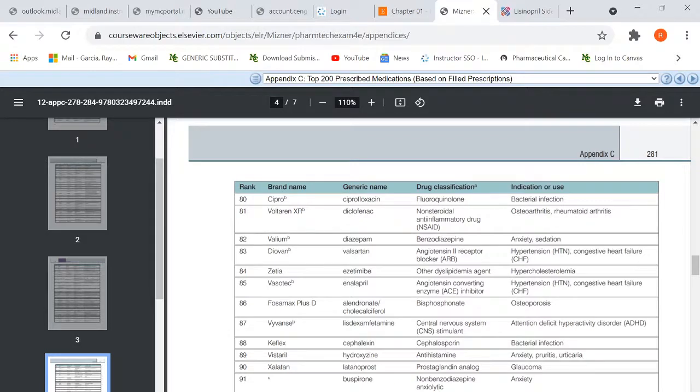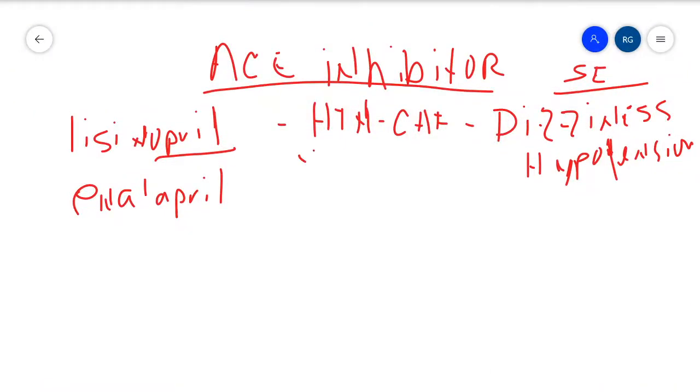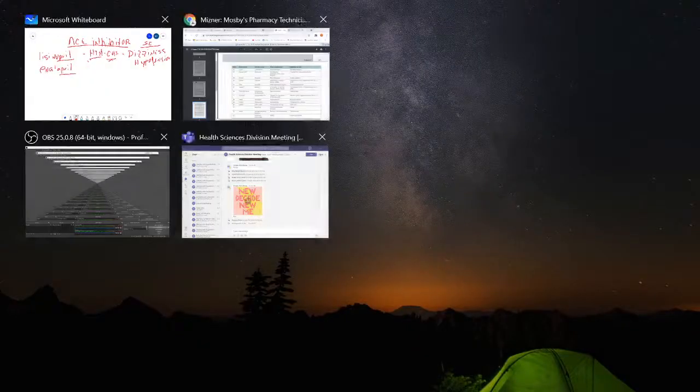Let's see, number 85. And again, we got hypertension, congestive heart failure. So if you look at it, it's got the same ending. It's got the same indications. Let's see if it's got the same side effects.